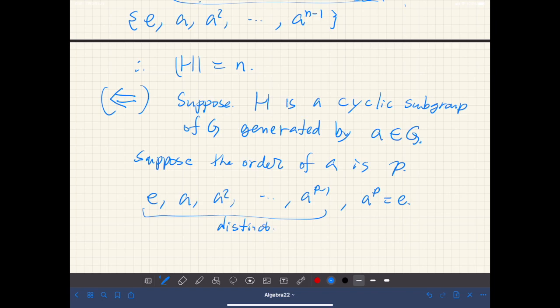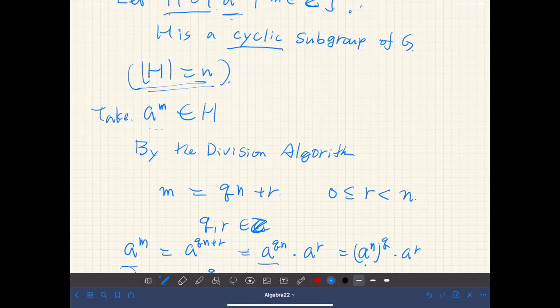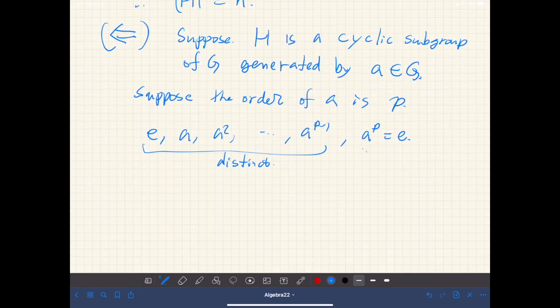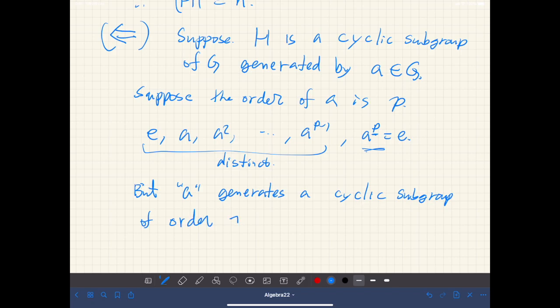But as we have seen in the previous part, such an element of order p generates a cyclic subgroup of order p, right? A generates a cyclic subgroup of order p. p is the order of a.